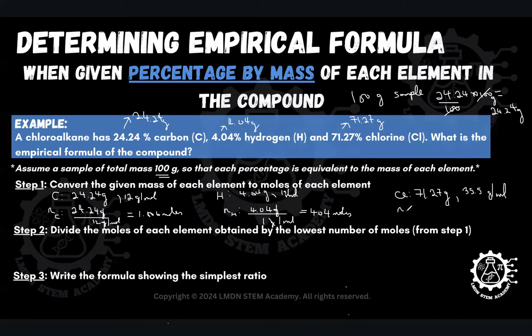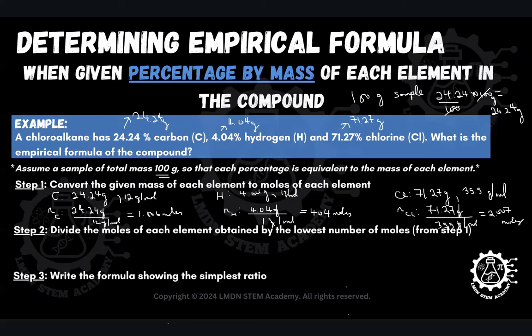So we divide the mass by the molar mass: 71.27 grams divided by 35.5 grams per mole. Grams cancel, mole comes up top, and we are left with 2.007 moles of chlorine.